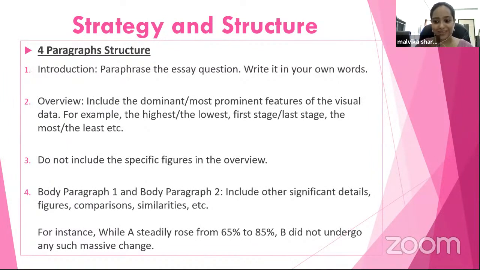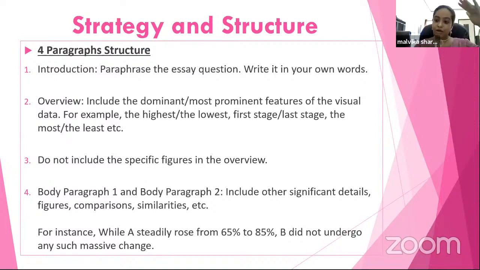Make use of language to write the overview, that this is the highest, or it is evident through the charts that this has the least number of people interested in. All right? Something like that. So make use of language to present that. Don't include figures. This is something you have to keep in mind while writing overview.